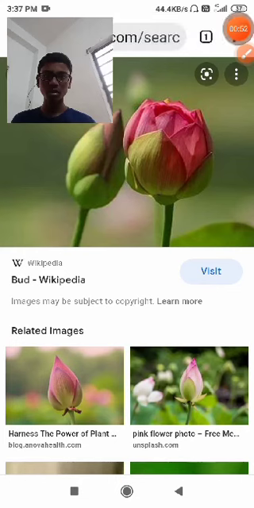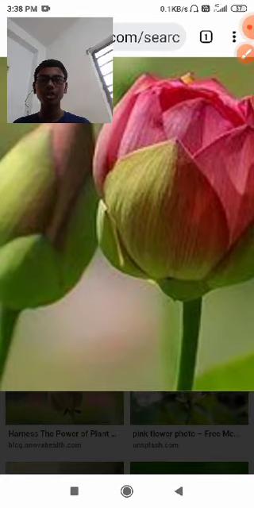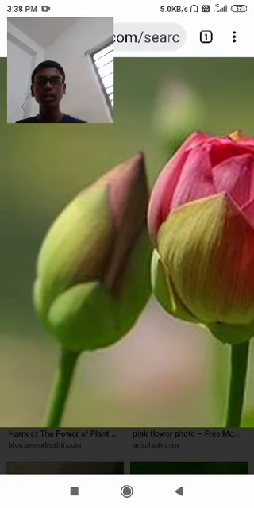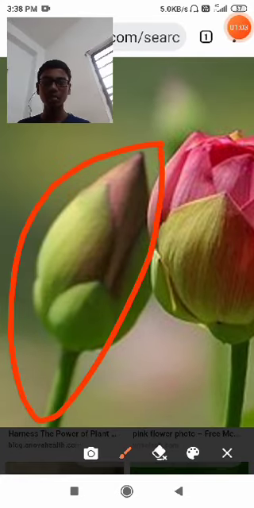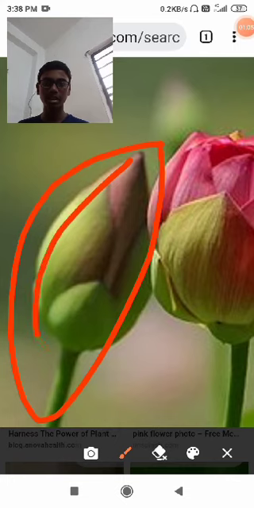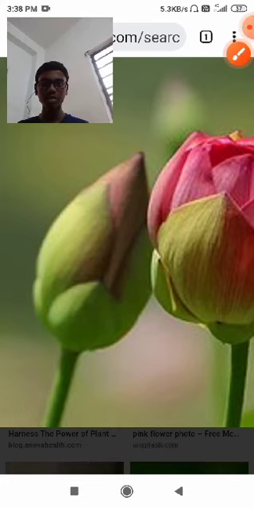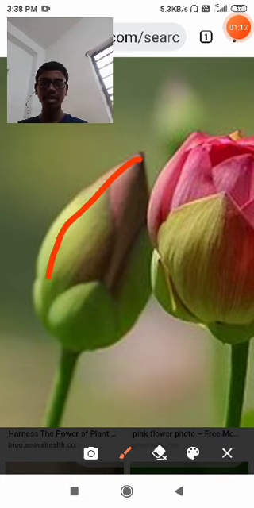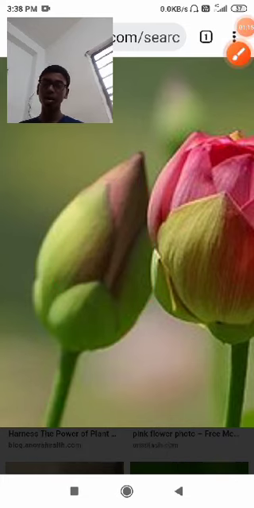So here are the pictures. If you look at this picture, you can find that it is showing a floral bud. See, this one, like this. I'm just drawing it once more. Floral bud.